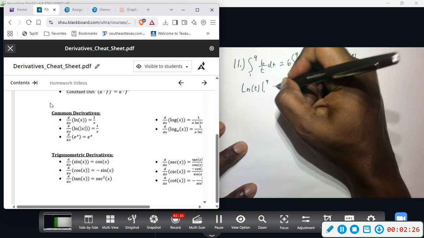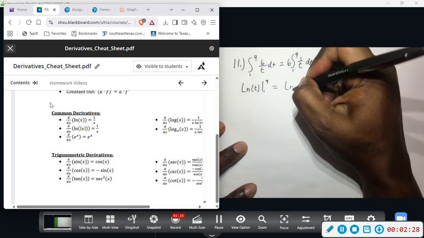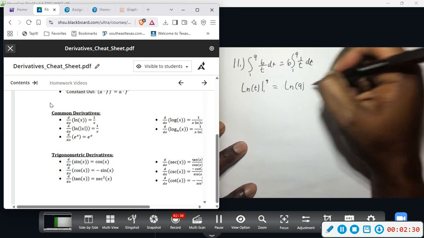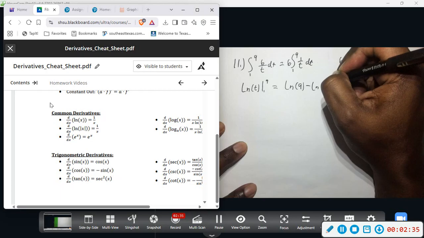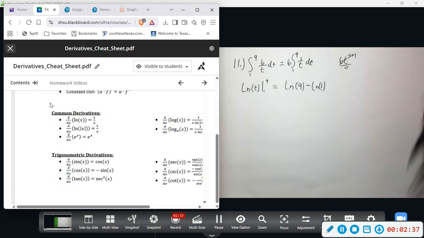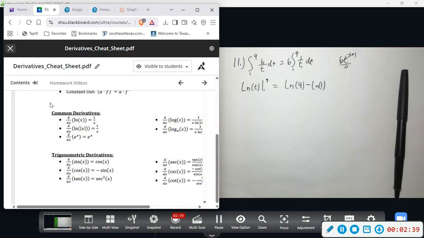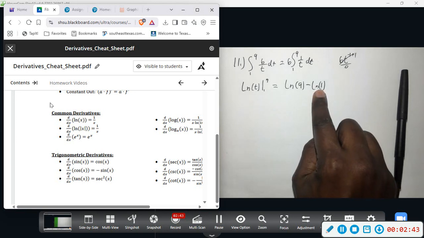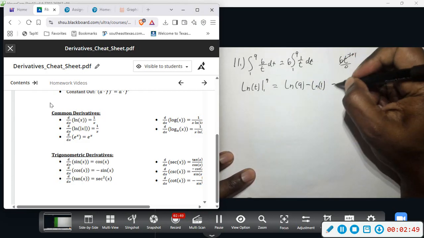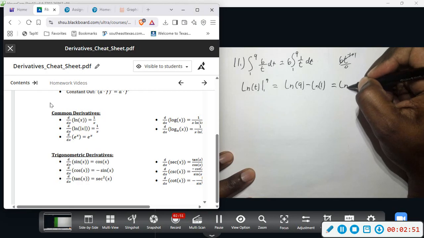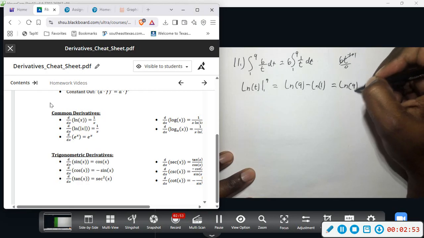And then we will get ln of 9 minus ln of 1. Now also, if you are familiar with natural logs, log of 1 is 0, so this whole thing goes to 0, and we just end up with ln of 9.